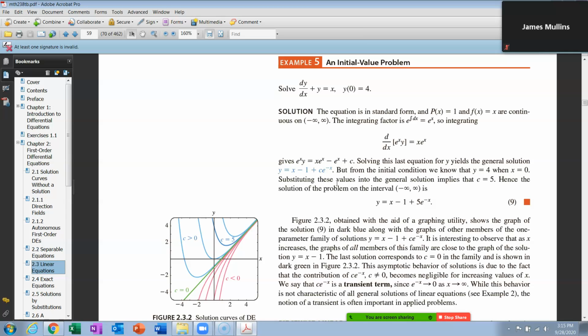And so the solution for the problem, everywhere in the interval, no singular solutions, nothing that you have to deal with there. So everywhere from negative infinity to positive infinity, y is equal to x minus 1 plus 5 e to the minus x.